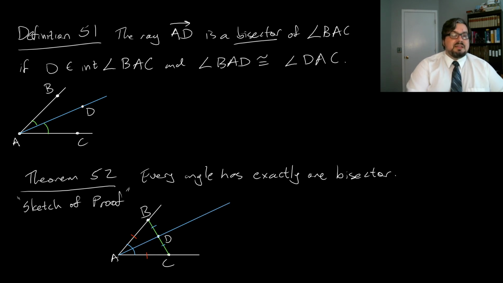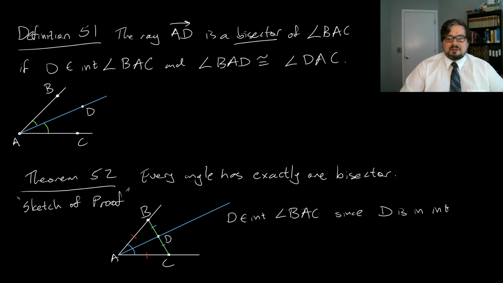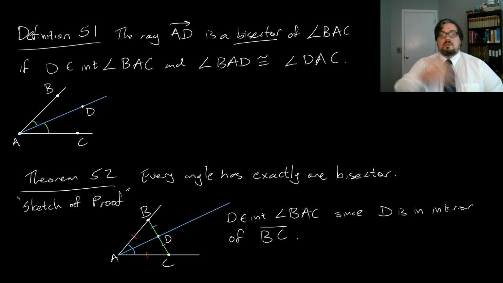So what's helpful here in this construction is that D is in the interior of angle BAC, since D is in the interior of the segment BC. We had that theorem way back when we were first talking about interiors, that in a triangle, every point on the side of a triangle, except for the endpoints, is contained in the interior of its opposite angle.